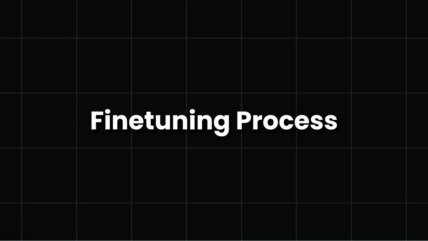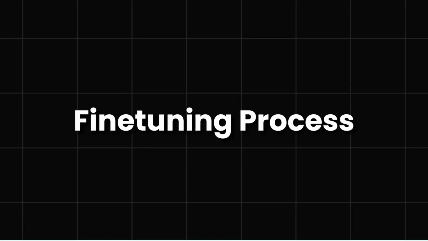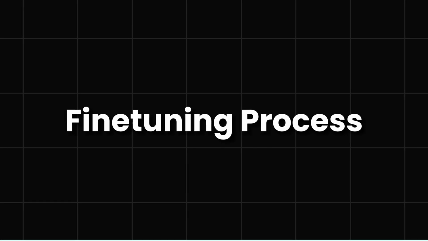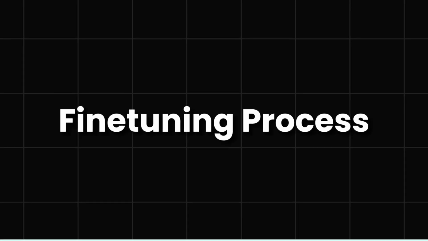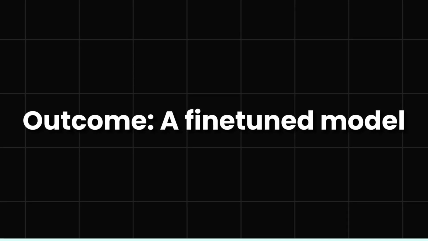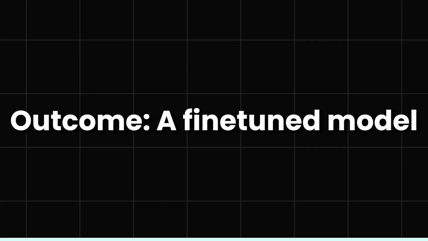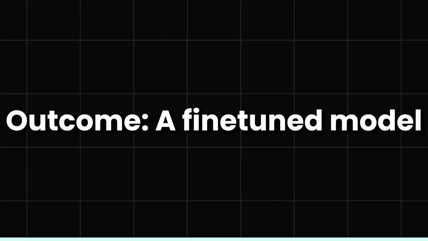And now we go through the fine-tuning process, whereby the model is trained on this dataset using supervised learning, adjusting its parameters to accurately identify and classify contract clauses. And then the outcome is that we have a fine-tuned model that can analyze contracts more effectively, automatically highlighting the risks and ensuring compliance in legal reviews.